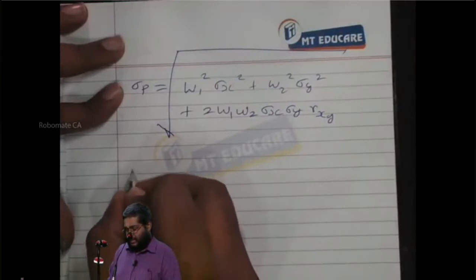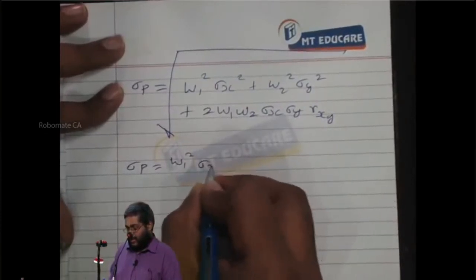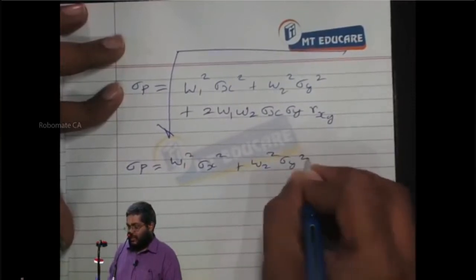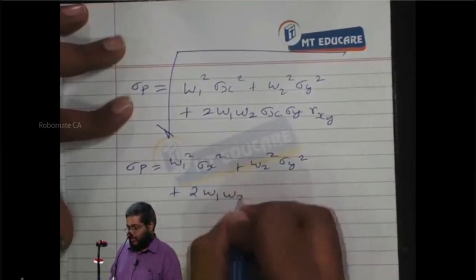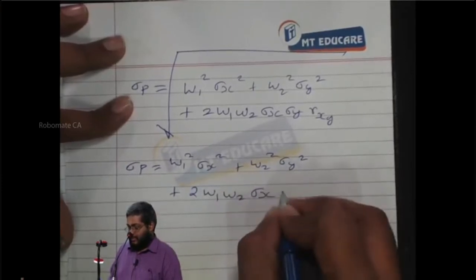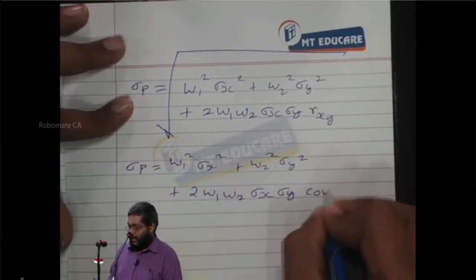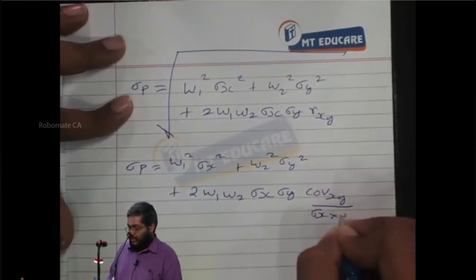I can say like this: sigma P is equal to the square root of W1 square sigma x square plus W2 square sigma y square plus 2 into W1 into W2 into sigma x into sigma y into what is the correlation of x and y? Covariance of x and y divided by sigma x into sigma y.